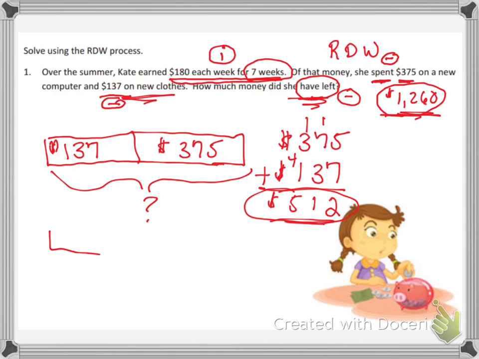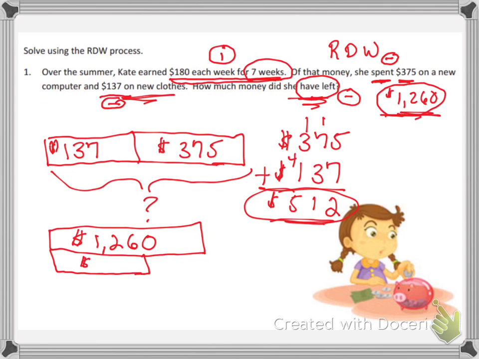So if we did our tape diagram, over here is her total amount of money, $1,260. And from that, she spent $512. I need to know how much money she has left. This part is going to show me how much money she has left. So we're going to subtract.